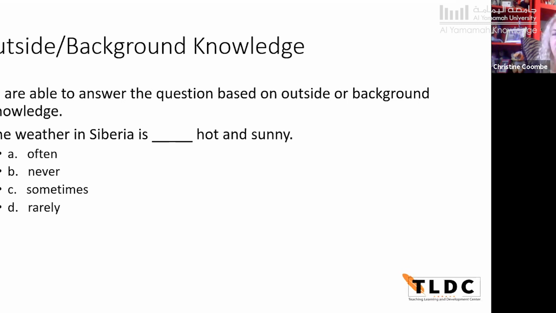So for example, if you have a text on smoking on your test, and you write a true false question that reads, smoking is dangerous for your health, do most people around the world need to read a text on smoking to know it's dangerous for your health? No, they don't. It's easily answerable. You don't need to comprehend the text to answer that.